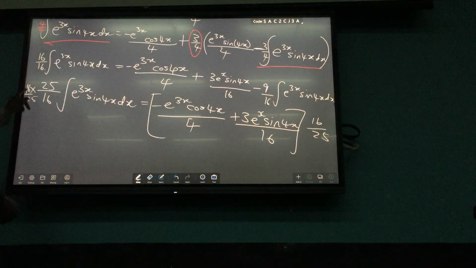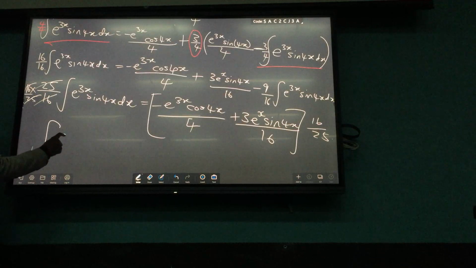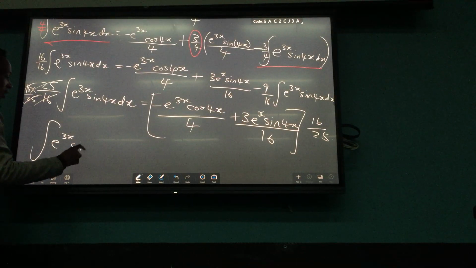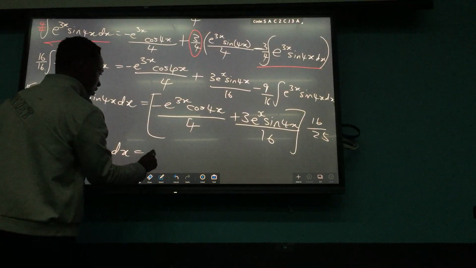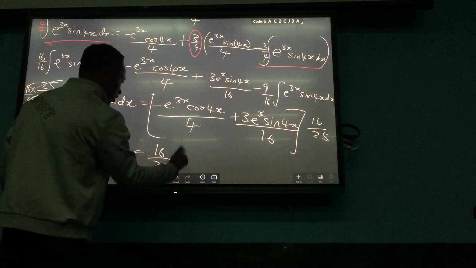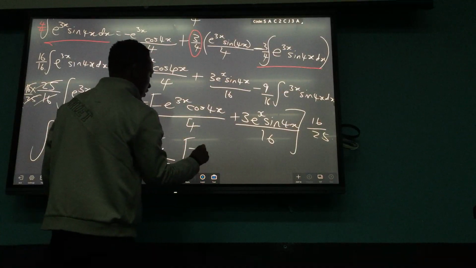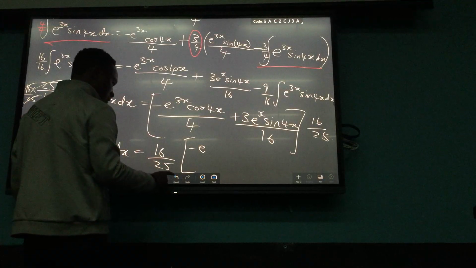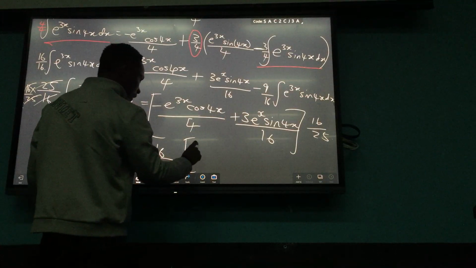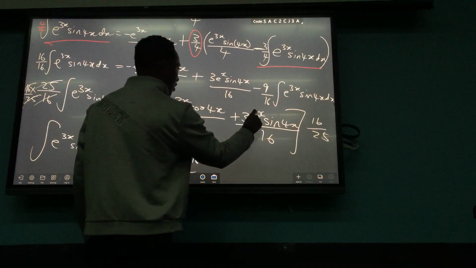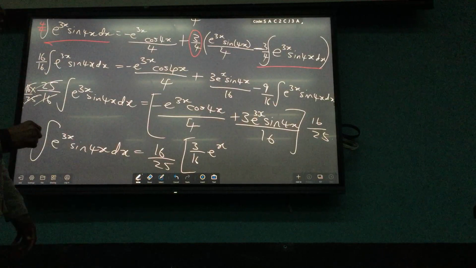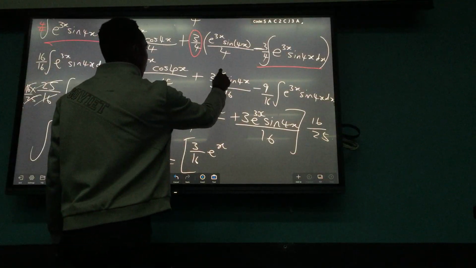So that's going to cancel that, that's going to cancel that. And then we're going to get the integral of e to the 3x sine 4x dx equals 16 over 25 bracket minus e. We can choose to start with the one that's positive. So we can say 3 over 16 e to the 3x, right? This is 3x here. There's a mistake there. This is also 3x here.